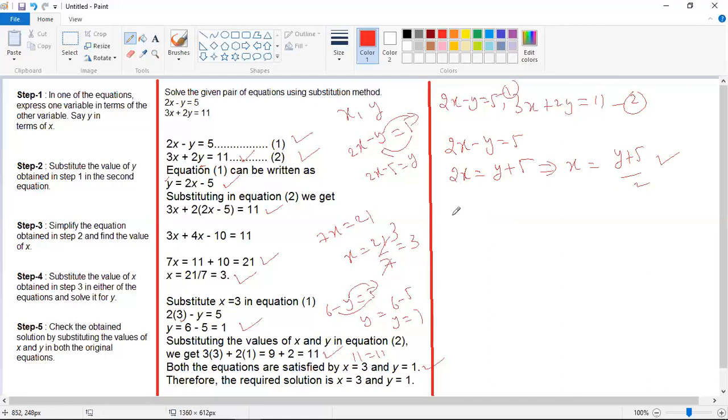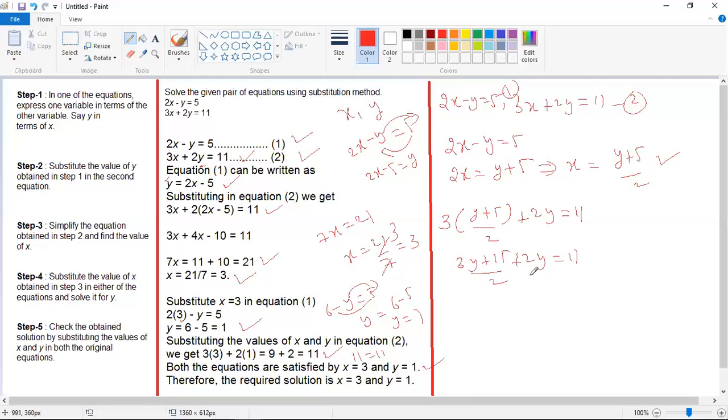3 into, what is the x value? (y plus 5) by 2, plus 2y is equal to 11. 3 into y is 3y, 3 into 5 is 15, by 2, plus 2y is equal to 11.